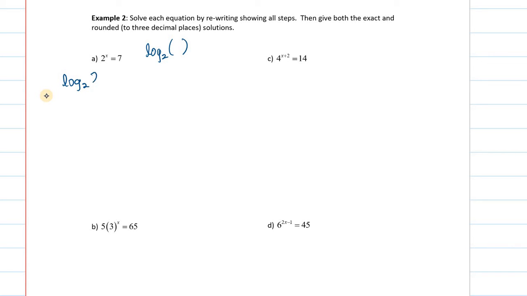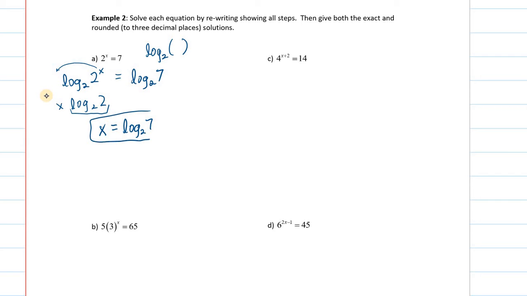So log base 2 of 2 to the x equals log base 2 of 7. Recall, our rules mean this x would come down front, and then we would have log base 2 of 2. This is equal to 1. So we just get x equals log base 2 of 7. This is the exact answer.